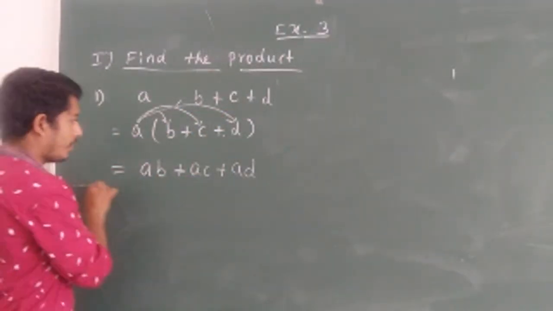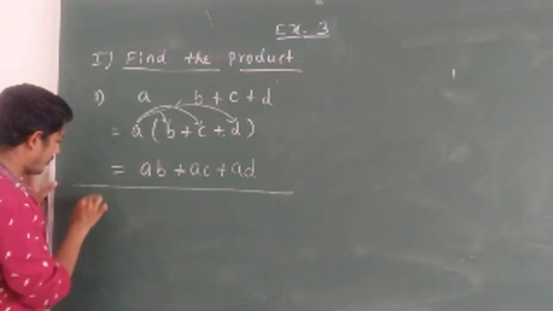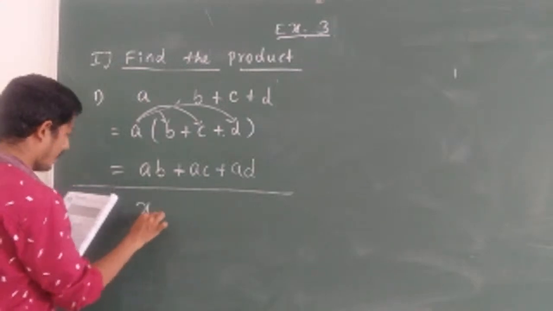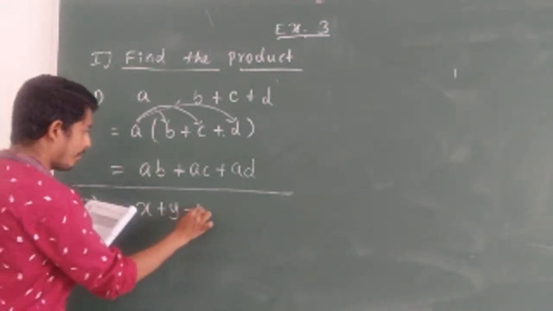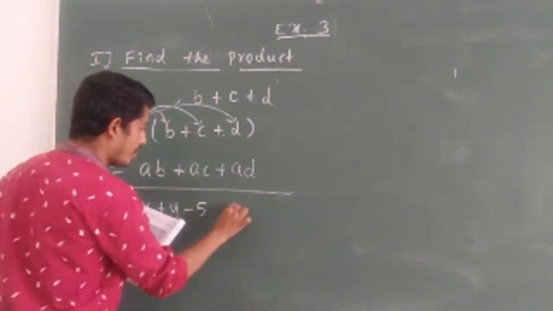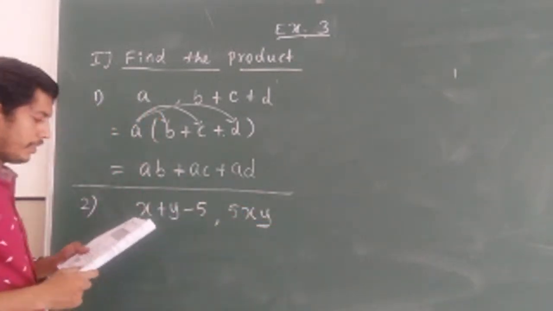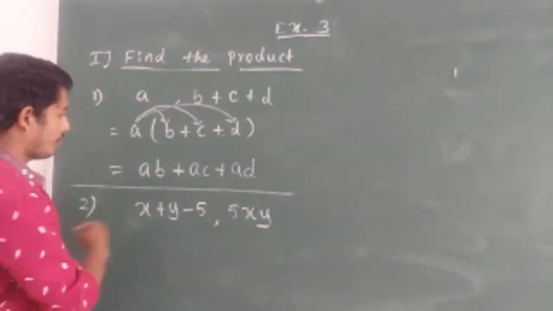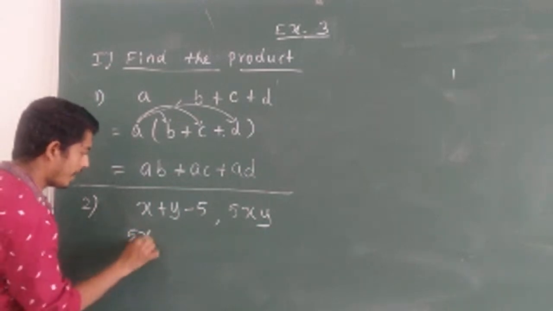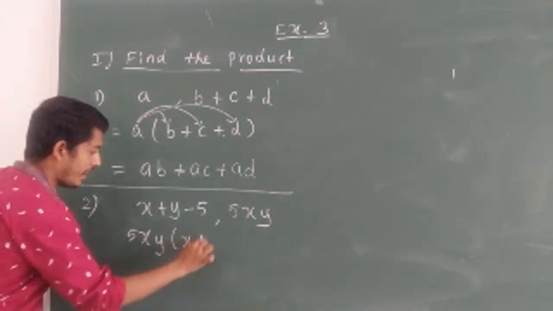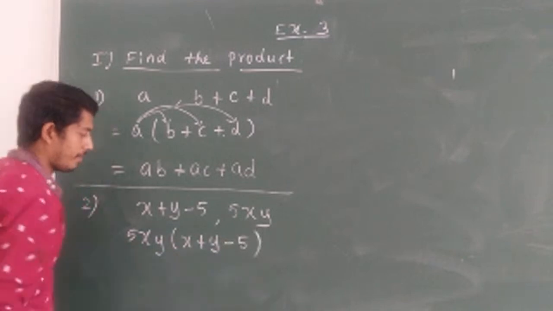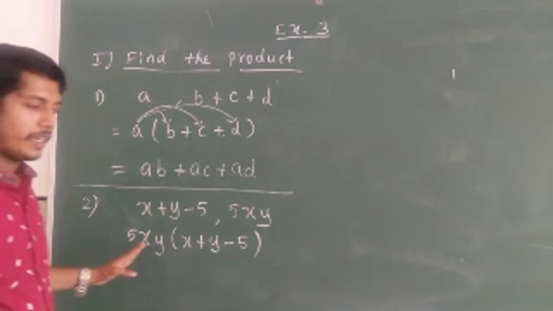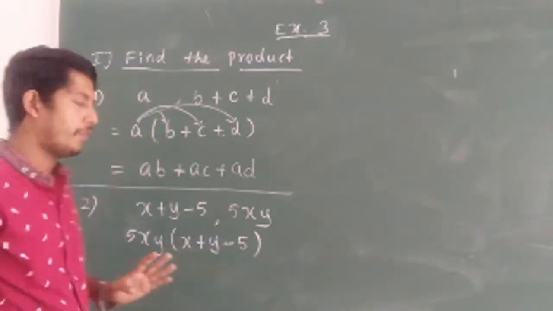And similarly the second one, x plus y minus 5 into 5xy. First we rearrange this, it becomes 5xy into x plus y minus 5. So same, first we multiply the sign, then the constant term, then the variable.